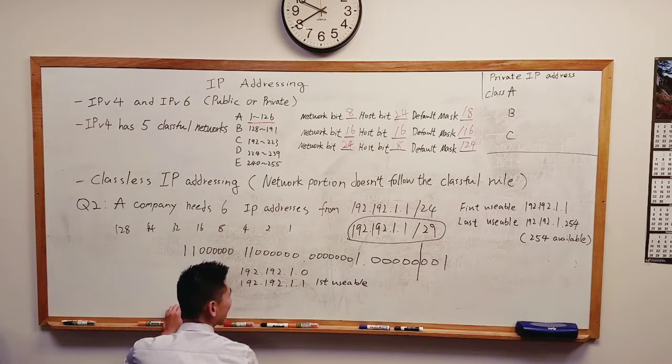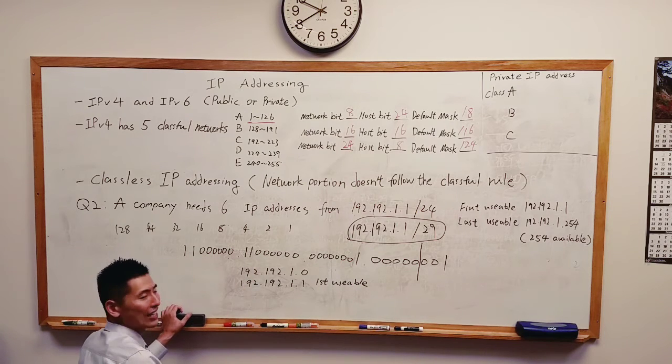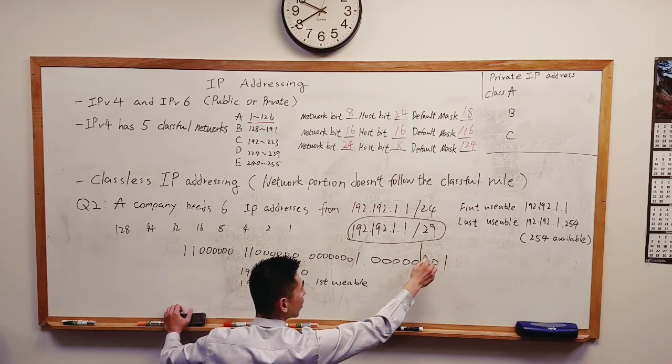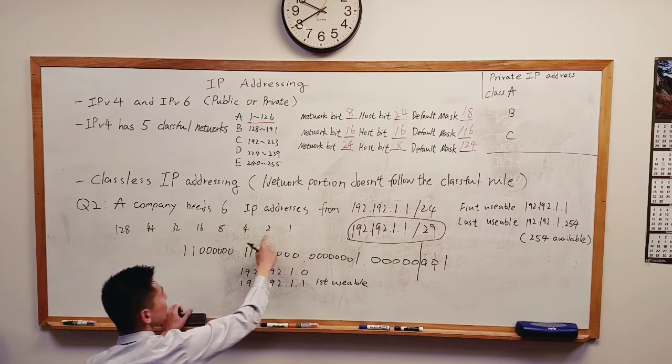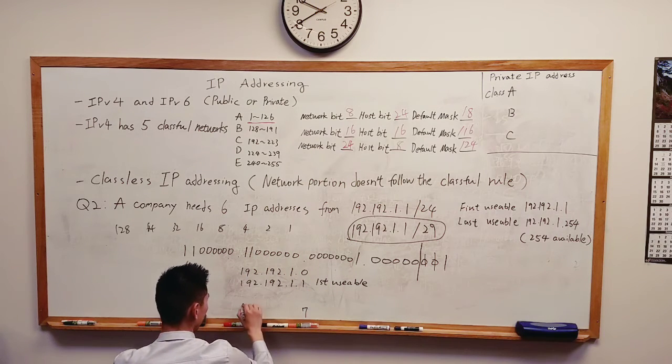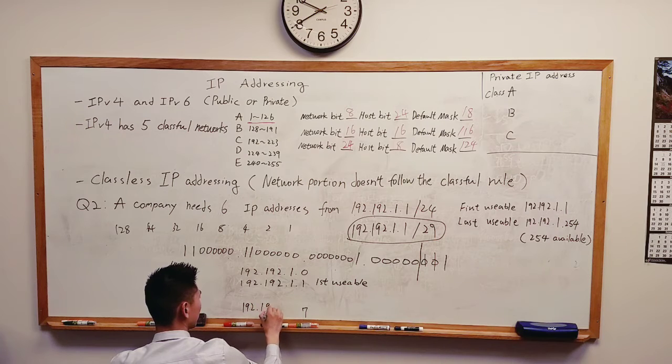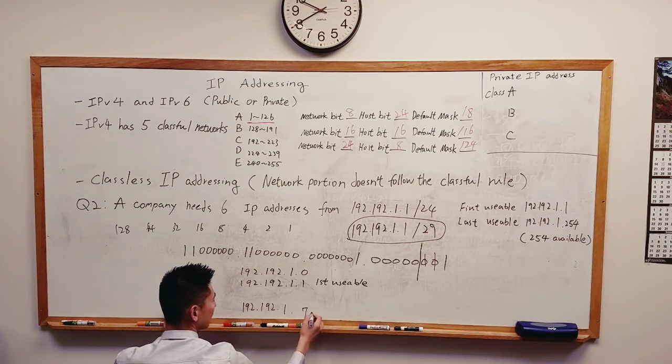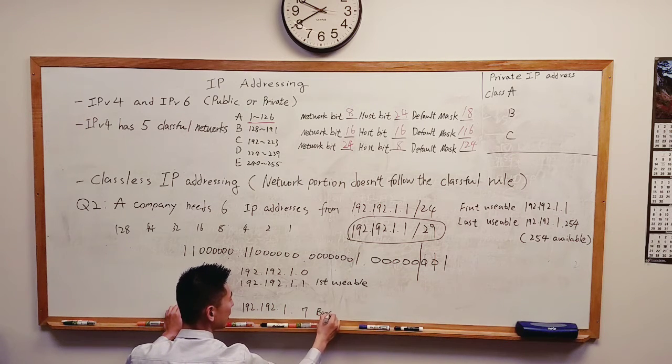Now let's find the broadcast. In order to find broadcast, I need to make everything here 1. So 1 plus 2 plus 4, this is going to be 7. 192.192.1.7, that's the broadcast.